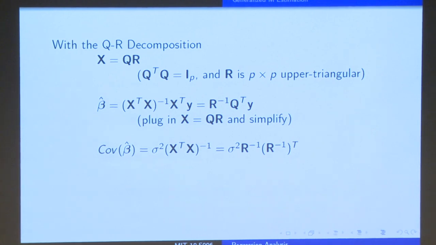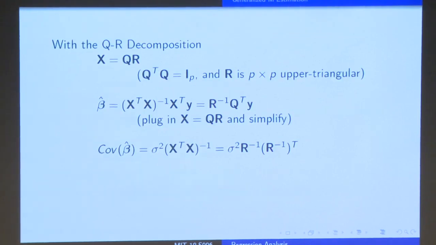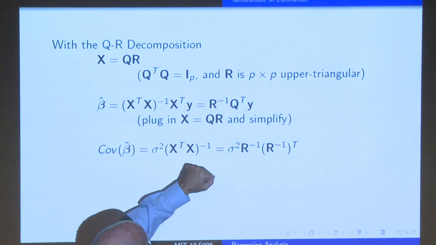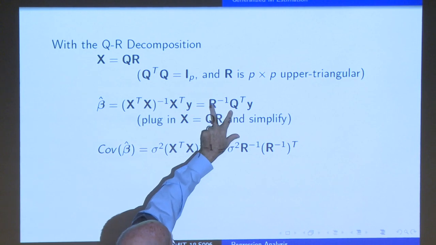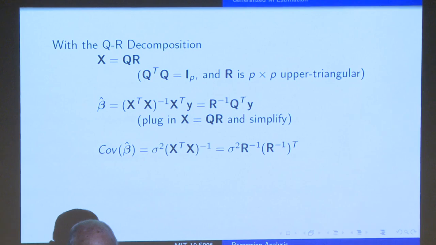And the covariance matrix of beta hat is equal to sigma squared times X transpose X inverse. What is implicit here, but you should make explicit in your study, is if you consider taking the matrix R inverse Q transpose times Y, the only thing that's random there is that Y vector.